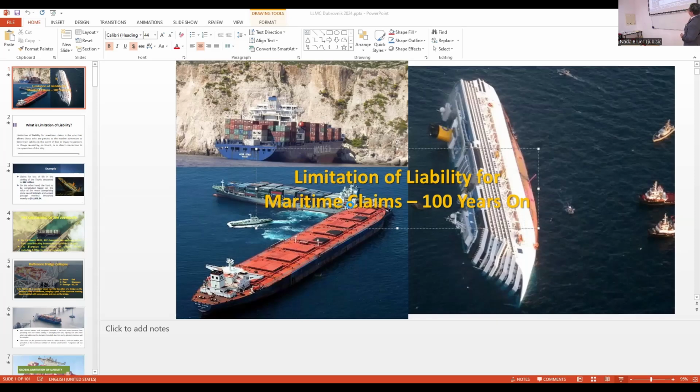Now, under the Dali, under the 1996 protocol, which as I mentioned, is now the law in Singapore, the limit of liability is $132,391,968. The claims go north of $1 billion, but that is the limit of liability.